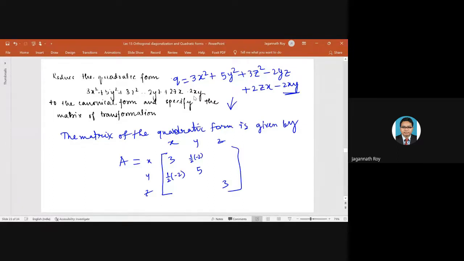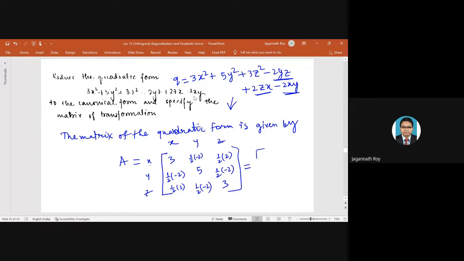Similarly for xz, it is plus 2, so half of 2 here and also half of 2. Now for yz, half of minus 2, then half of minus 2.